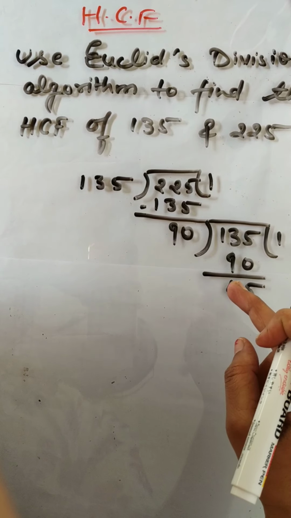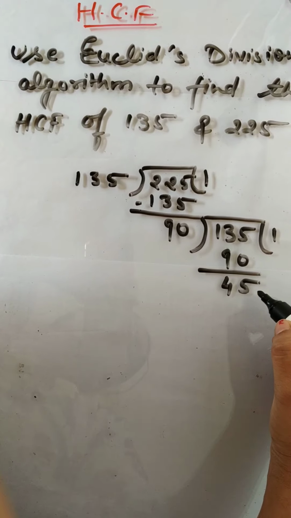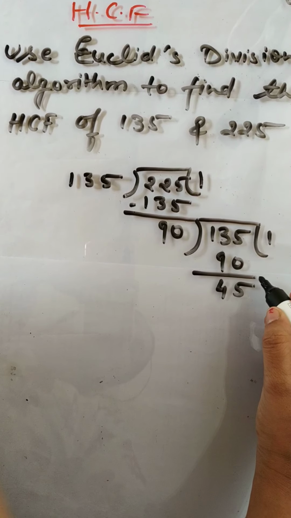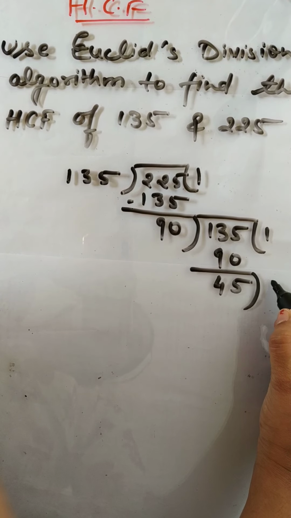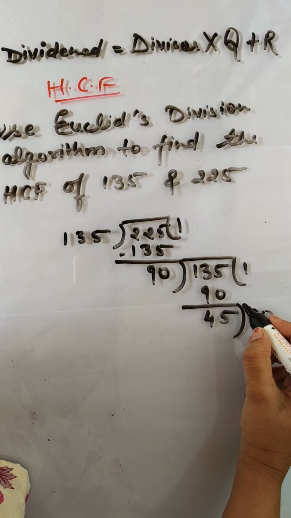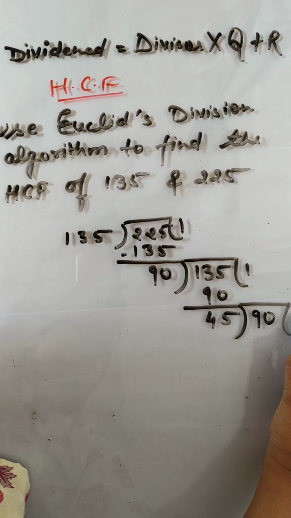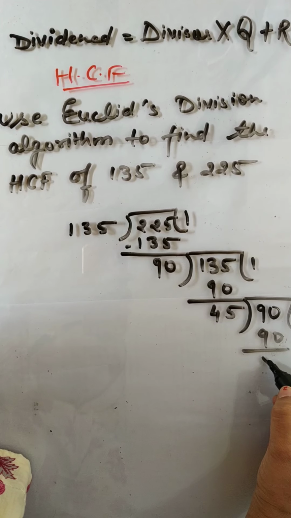Now in the next process we follow between 90 and 45. The smallest number between them is 45, so 45 is our divisor and 90 is our dividend. 90 and remainder is 0.